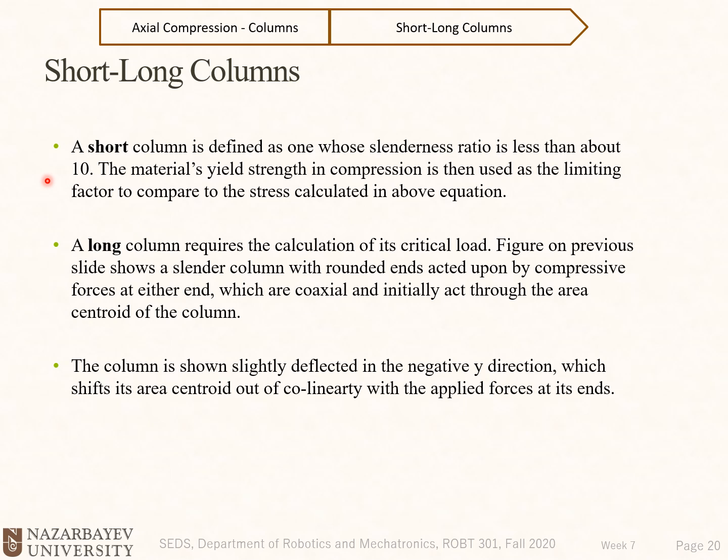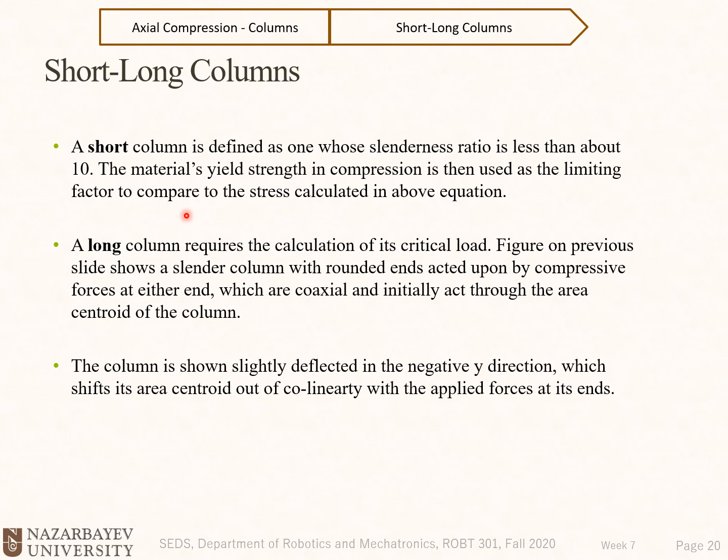A short column is defined as one whose slenderness ratio is less than about 10. The material's yield strength in compression is then used as the limiting factor to compare to the stress calculated in the above equation.